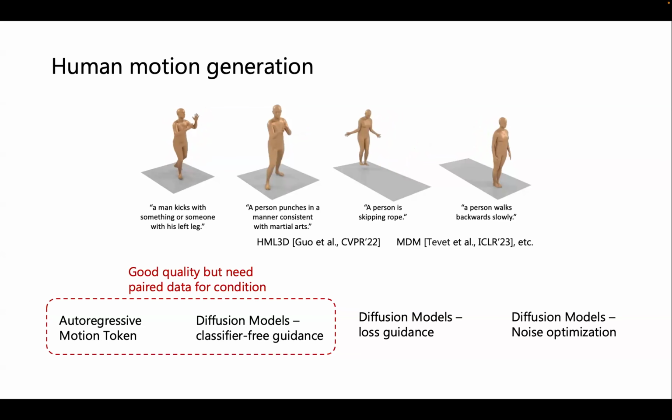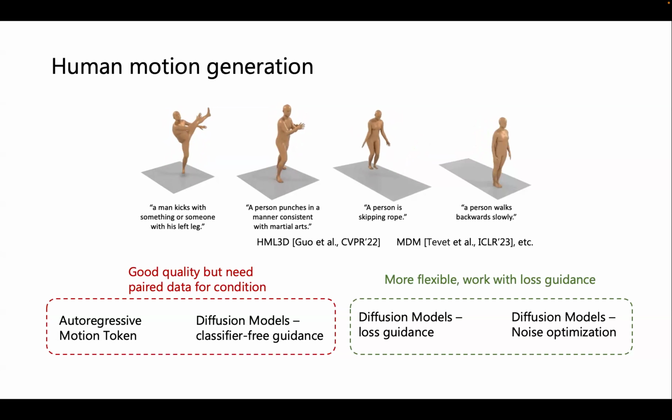And our CVPR work, DNO, I think is in this category, but instead of introducing a loss guidance, what we do is very simple. We basically try to optimize the diffusion noise based on a certain objective. So these two ways are more flexible and work with, as I mentioned, differentiable loss guidance.